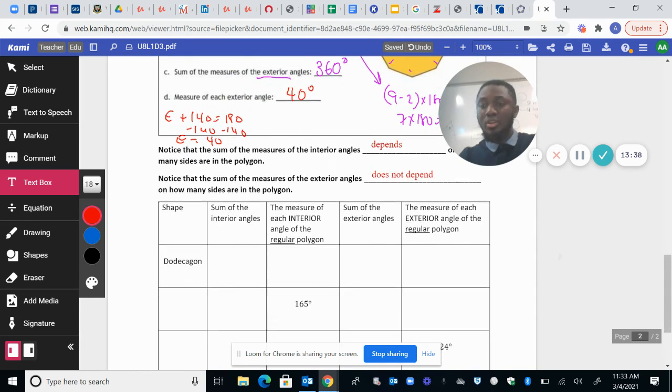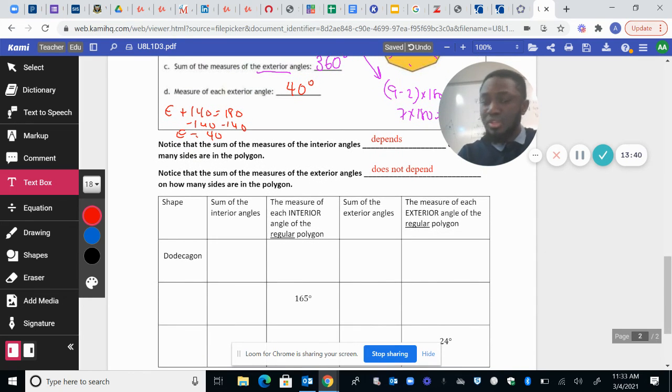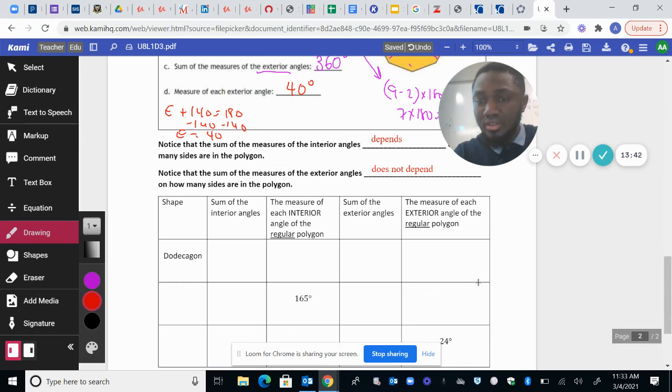So here we're going to solve these problems. We know a decagon is 12 sided, and the sum of angles is just 12 minus 2 times 180. That's 10 times 180, which is 1800.